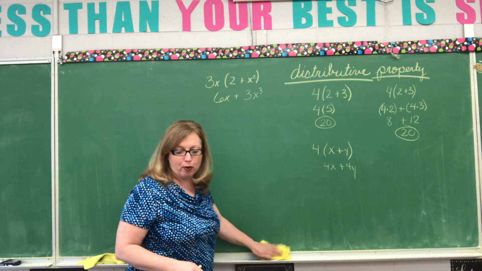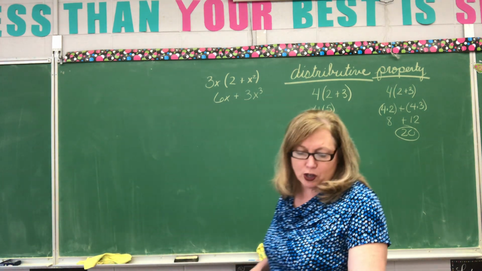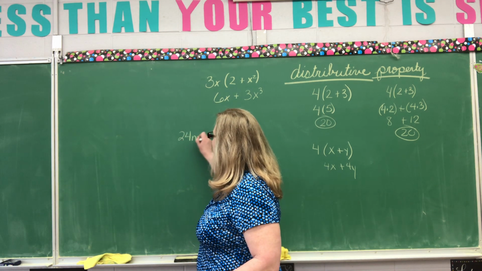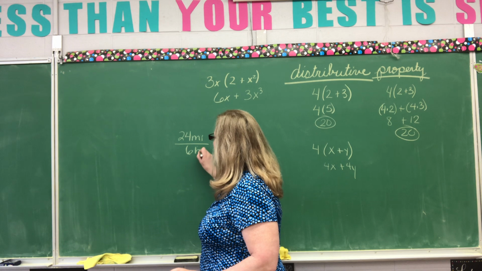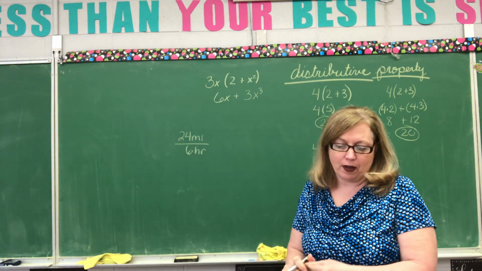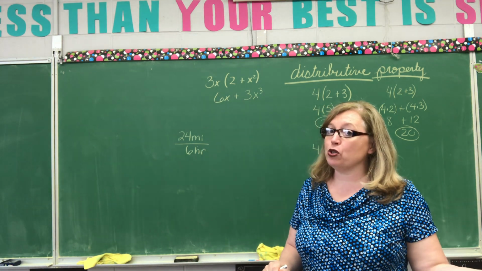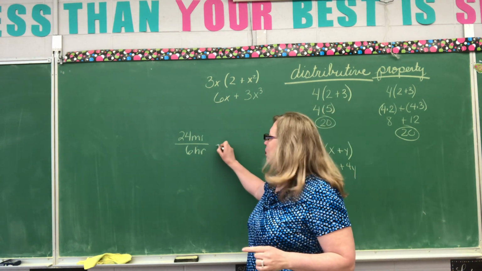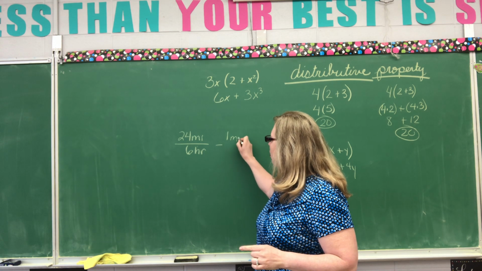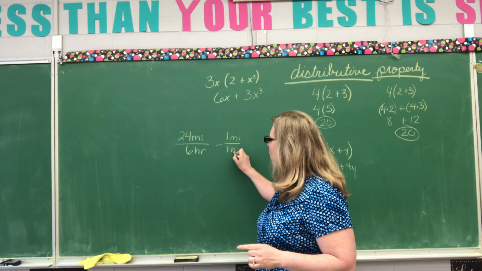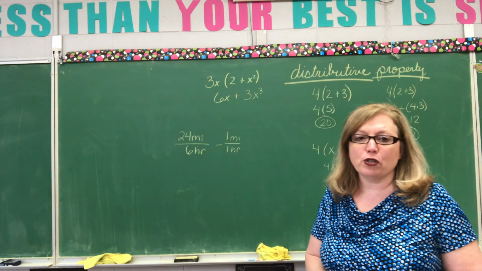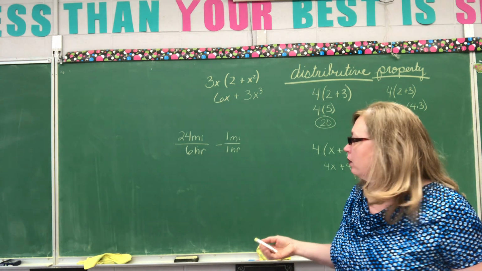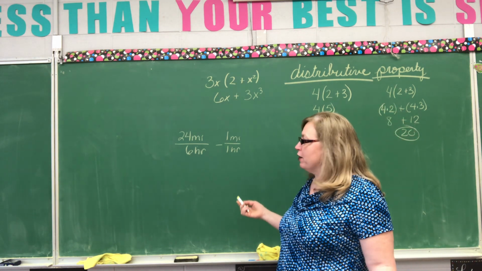According to our story problem, they were going 24 miles in 6 hours. Then they reduced their rate by 1 mile per hour. Now, how fast is he going? We have to figure that out.